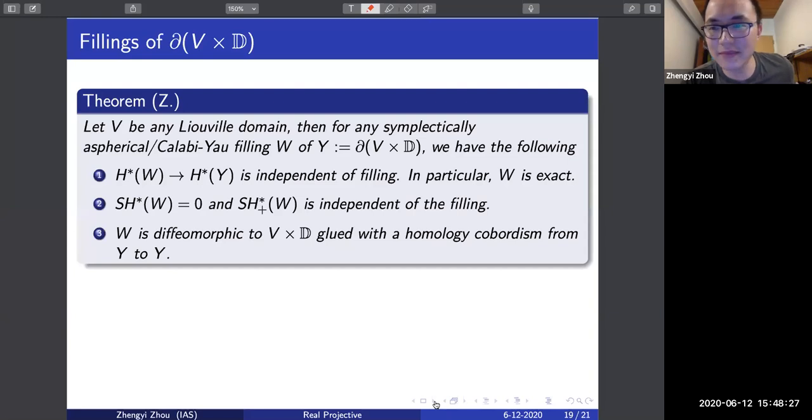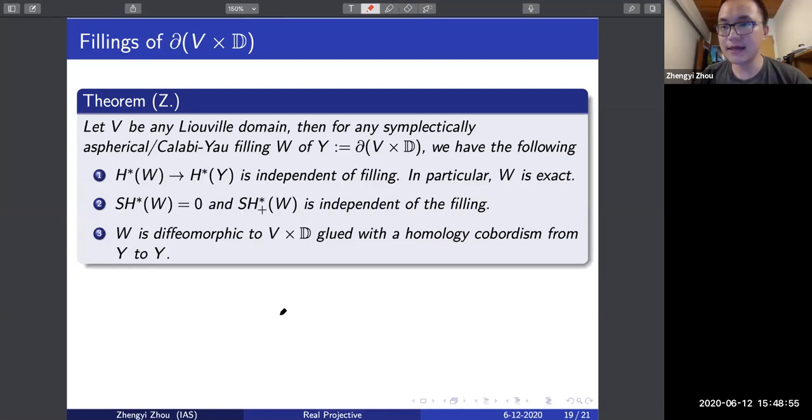SH plus is independent of filling now. And W is diffeomorphic to the standard filling glued with a homology cobordism from Y to Y. So the main difference between this and what Bass, Gadbled, Zimmermann proved is that here I only assume V is Liouville, while they have to assume V is Weinstein. So this is basically the maximum generality of this type of phenomenon.